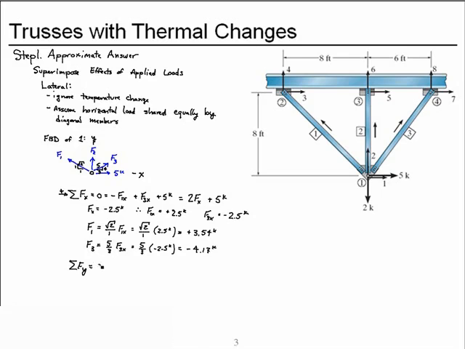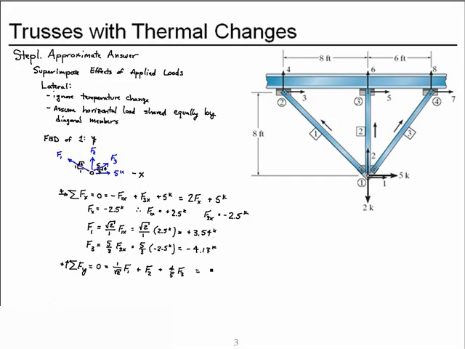Now vertical equilibrium. Based on our coordinate system, up will be positive. And so we have 1 over square root of 2 times the force in member 1, plus the force in member 2, plus the contribution from member 3, which is 4/5.